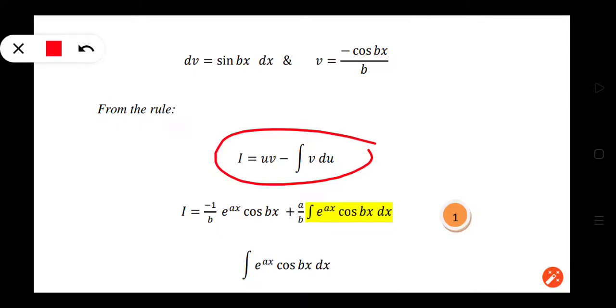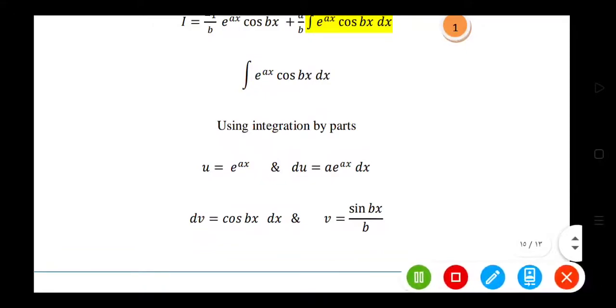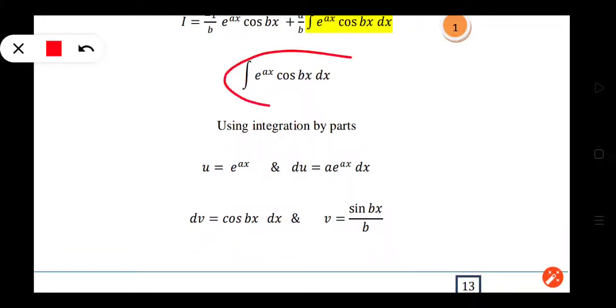Now we have negative 1 over b e power ax cosine bx plus a over b times the integration of e power ax cosine bx. We know in this example we will reach the original integration e power ax sine bx, so we'll do integration by parts another time for e power ax cosine bx.